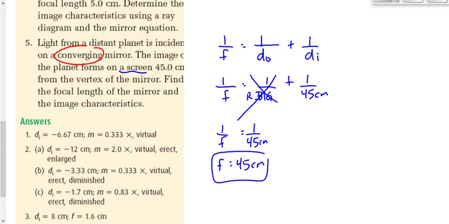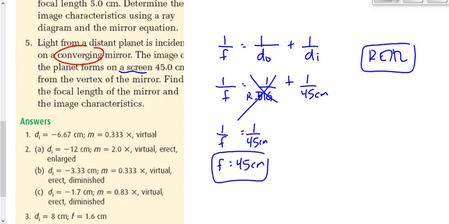What about the image characteristics of this? Well, let's try to get another number for this here. Focal length is 45 centimeters. The image distance is 45 centimeters. We want to find out whether it's, well, we know it's real right now, because it's formed on a screen.